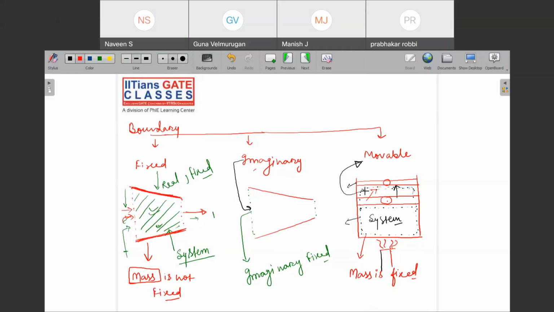Can we see that? Anyway the boundary is moving. That means mass is fixed, but volume can change. Can we see in this example? All of us should appreciate this fact that yes, this boundary has moved. That means this volume has got changed, but the mass is same. So mass is fixed and volume is changed.